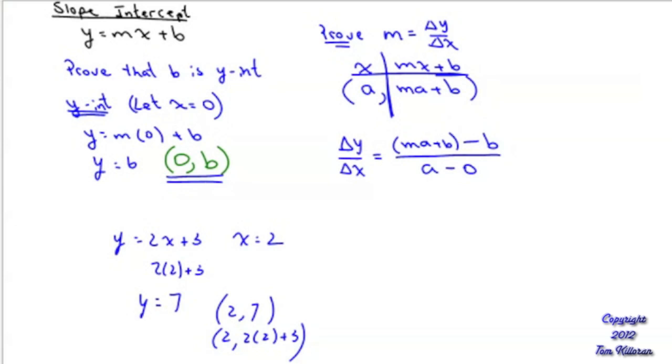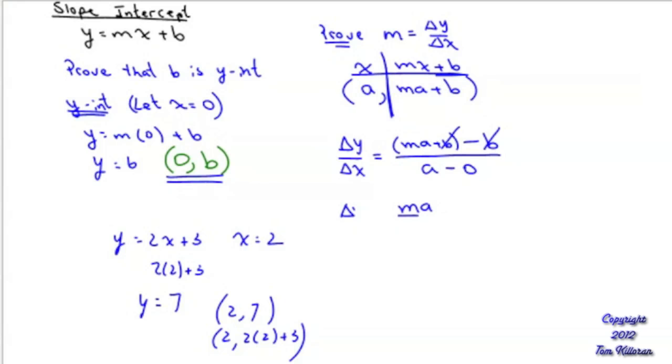So if I plug in a, this must be y. This is algebra. Change in y over change in x equals... What happens to the b's? They cancel rather nicely. So that leaves us with ma on the top. What's a minus 0?